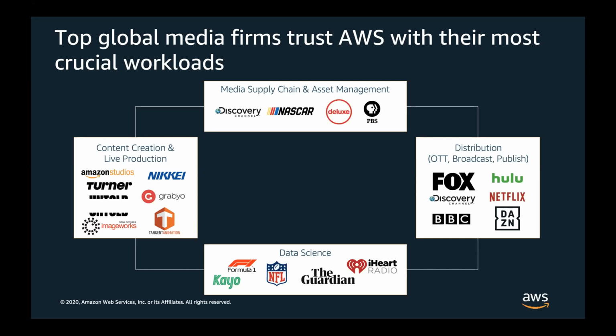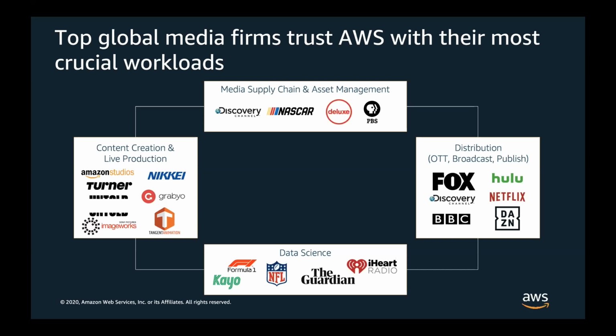On the media supply chain, Discovery Channel operates over 400 channels using Playout from AWS, delivering to over 200 countries. In the distribution box on the right-hand side, Netflix and BBC. Netflix is well known for operating on AWS, delivering their services via AWS, and also BBC iPlayer, a lot of which uses our services to deliver to their users.